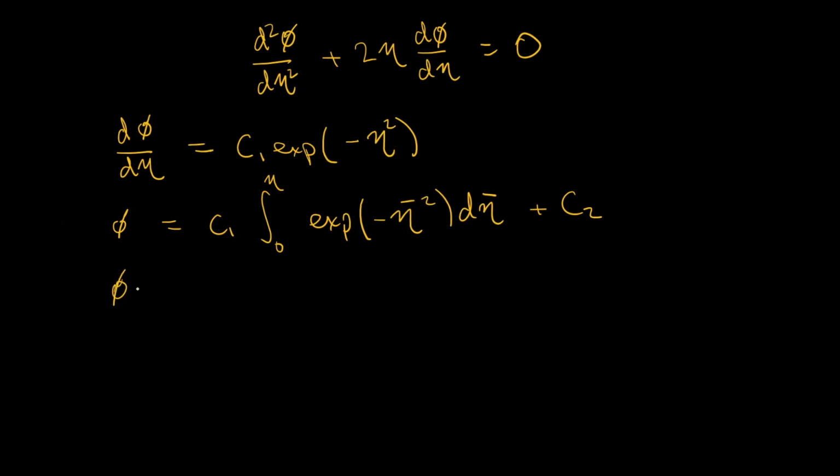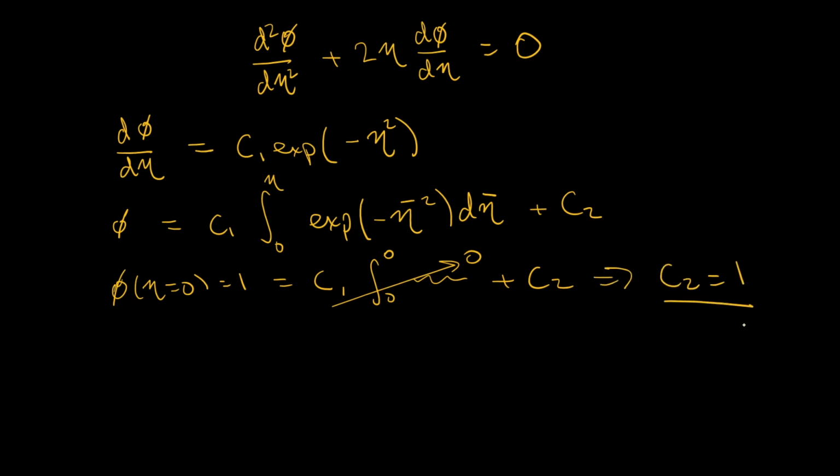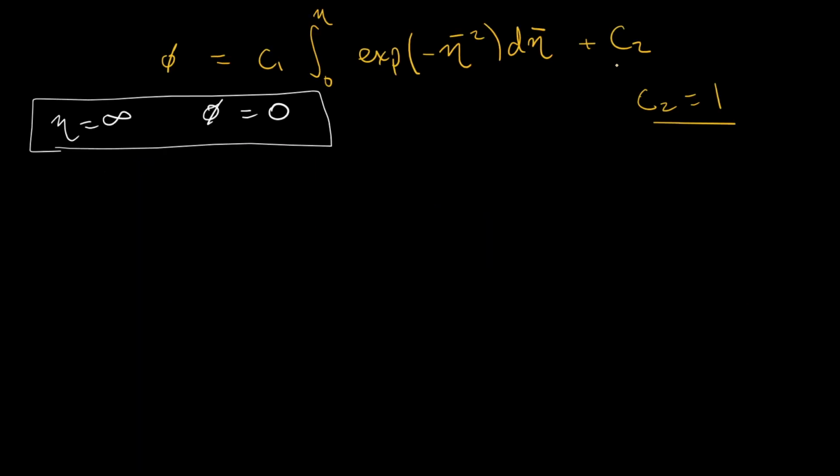So phi of eta equals 0 is equal to 1, and that's equal to c1 integral from 0 to 0. So whatever this is, it's going to be equal to 0, plus c2. So this all goes to 0, and we end up with c2 is equal to 1. Now that we know c2 is equal to 1, we can use our last boundary condition to try to solve for c1.